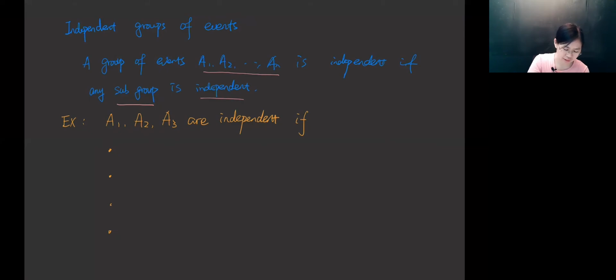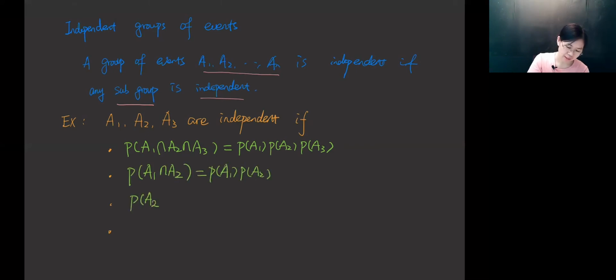The 4 conditions are P of A1 intersection A2 intersection A3 equals P of A1 times P of A2 times P of A3. But this is not enough. We also need the pairwise independence between any possible pairs, like A1 and A2.